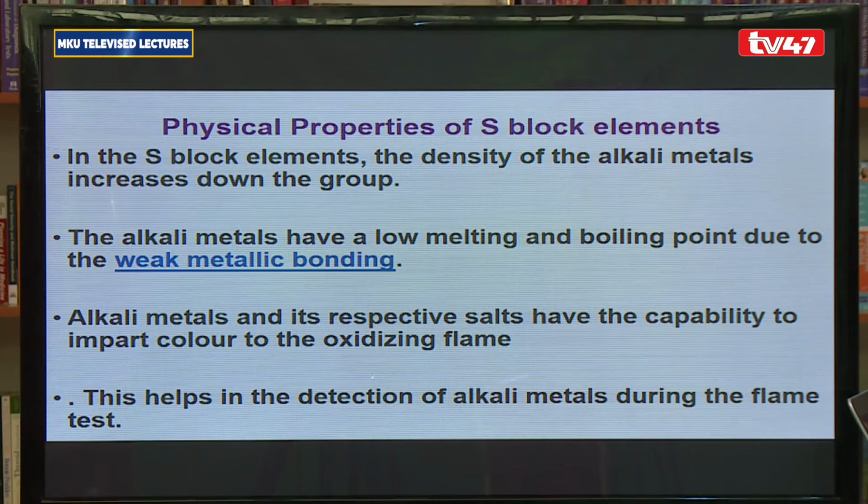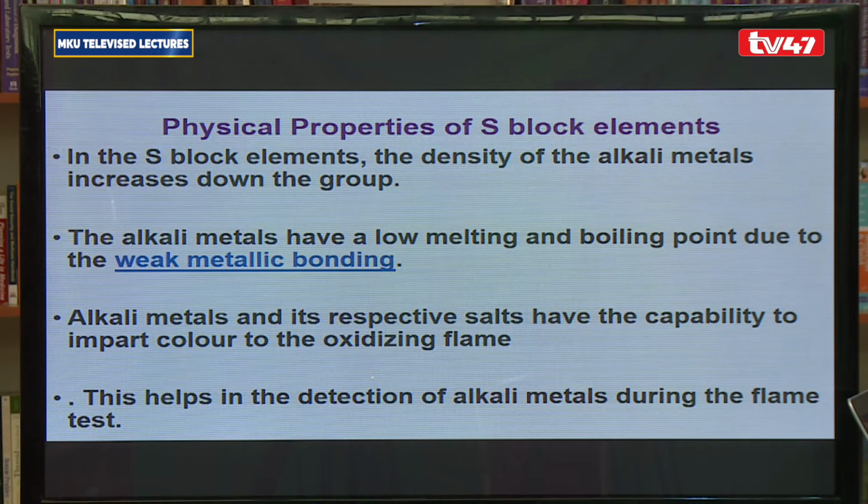That's why calcium gives a crimson red color, sodium burns with a yellow color, etc. But in group 2, beryllium and magnesium do not give a characteristic color to the flame.